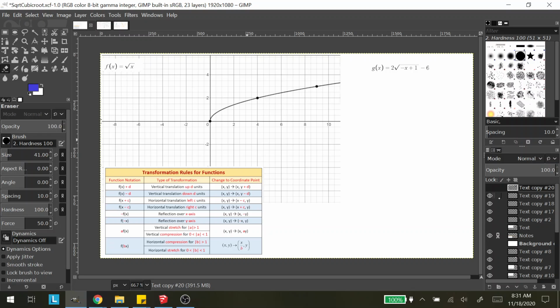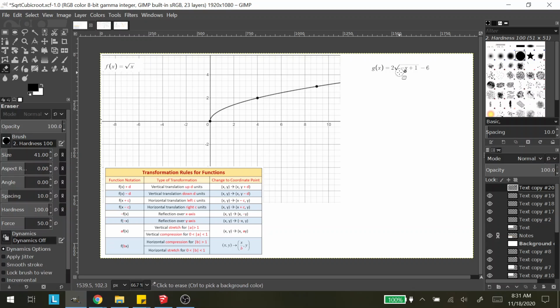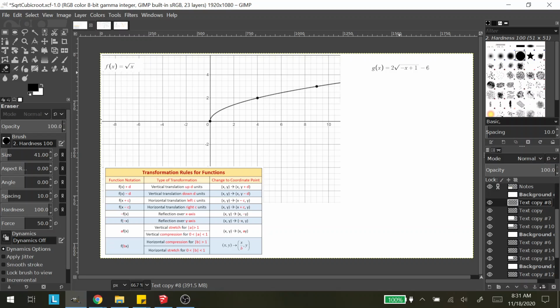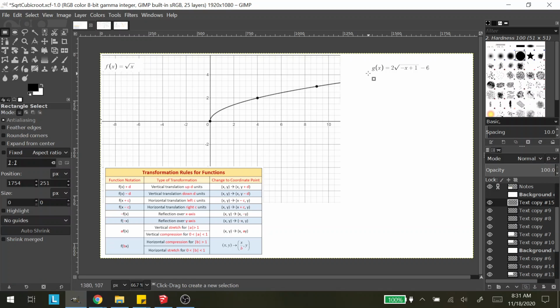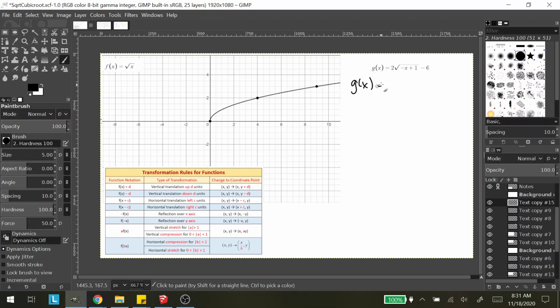Okay, this is our next equation. So the first thing I need to do, again, is I'm going to be breaking this down. Something that you may not realize you need to do. I picked this problem specifically because you may not realize you need to do this. We're going to break this down like this.